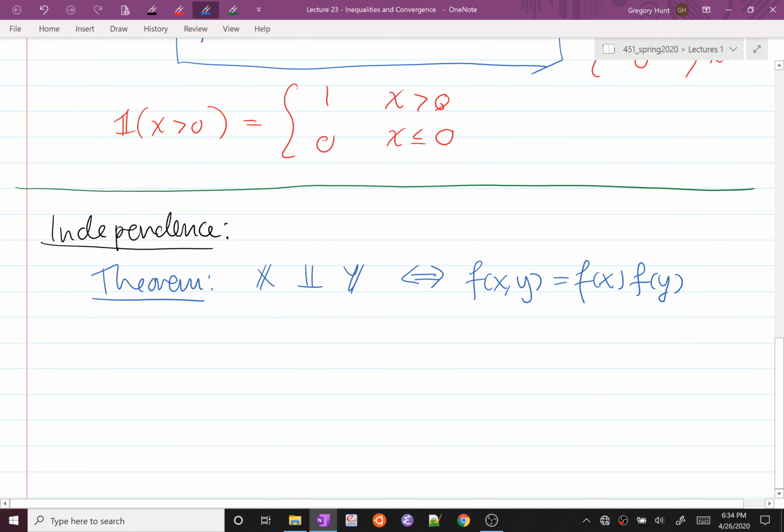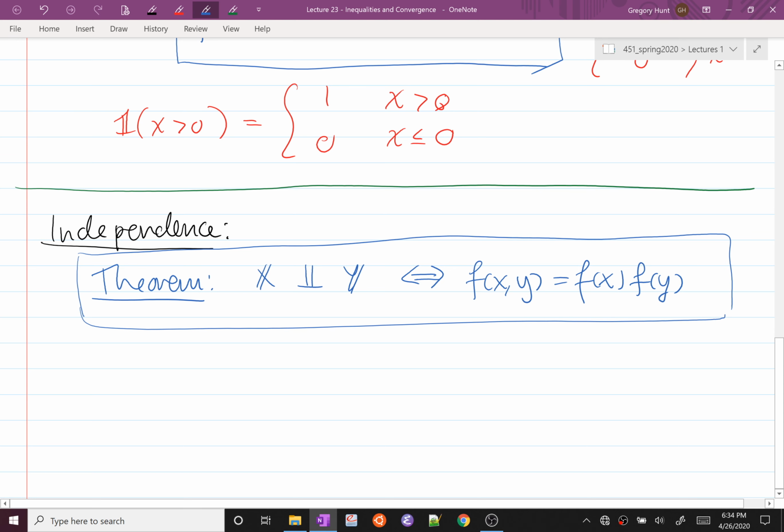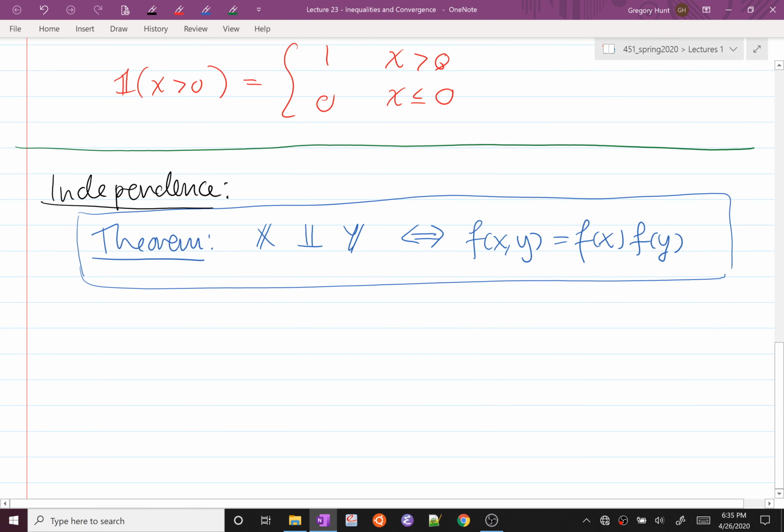And this statement, as stated, is exactly technically correct. The problem is, when we have a random variable with some support, we then have these piecewise functions, and we have to figure out what it means to multiply two piecewise functions. You have to very carefully think about what that means. You kind of have to think about what is the support of these random variables. One way to avoid that problem is to write the support of the random variable using indicator functions.